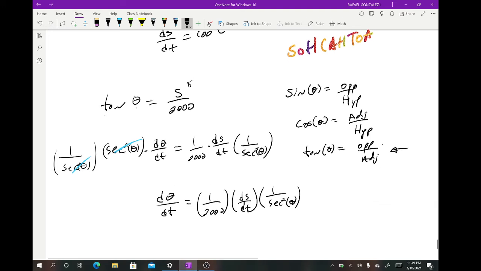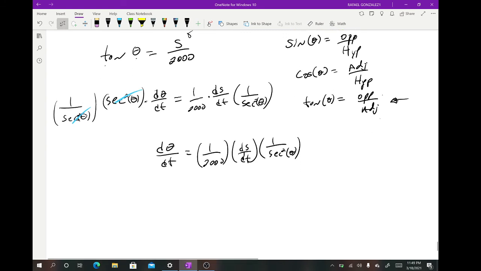However, now we have to be a little bit clever. What is secant? Secant of theta, recall, is equal to 1 over cosine of theta.